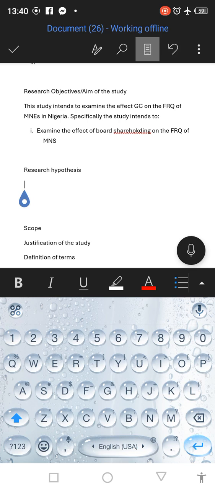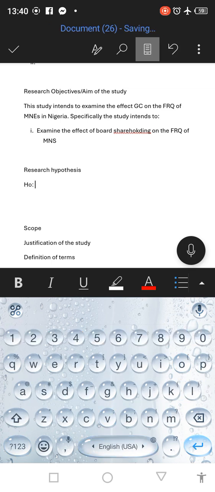In order to state your research hypothesis in the null form, it is going to take a negative form, and it goes by the symbol H0, where the 0 is a subscript for H. Let's practicalize with the first objective that we have here: examine the effects of board shareholding on the financial reporting quality of multinational enterprises.